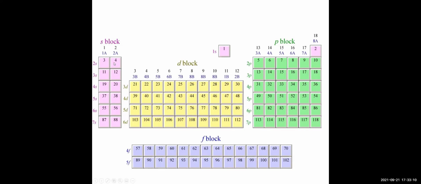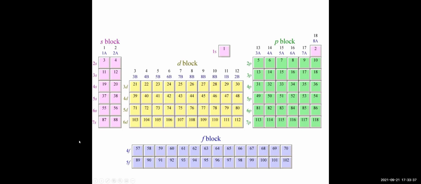After you fill in the 2s's, you fill in the 2p's. Once you've filled in the 2p's, you fill in the 3s's. After the 3s's, the 3p's. And then it skips. 4s, same order as the periodic table, 3d's, 4p's. Okay.